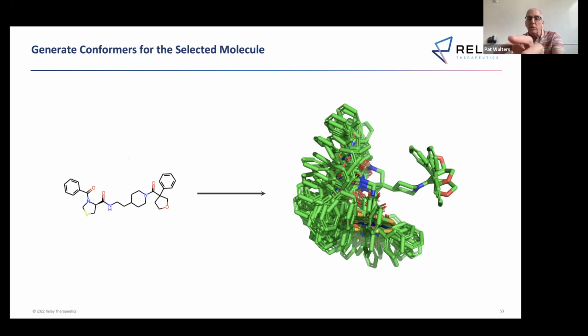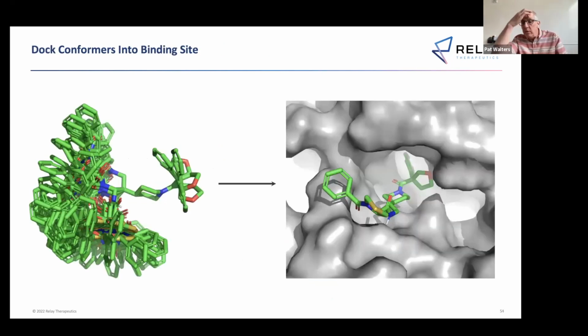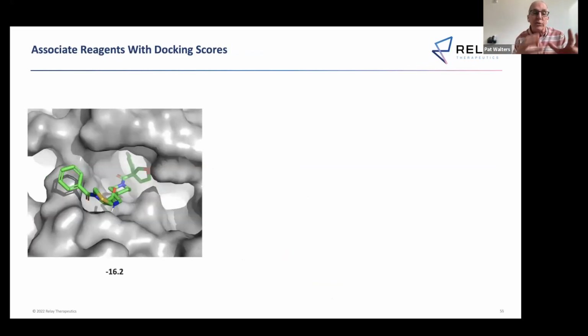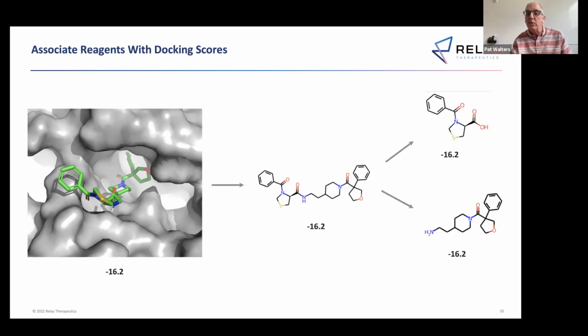I can then take each of those conformations and put it into a protein binding site. Then I can score that, and I can get a score associated with that molecule. Much like what James showed you, a more negative score is going to represent a tighter binding molecule. But now that I've got those scores, I can work backwards from that structure back to 2 reagents, and I can associate and propagate the scores back to those reagents.